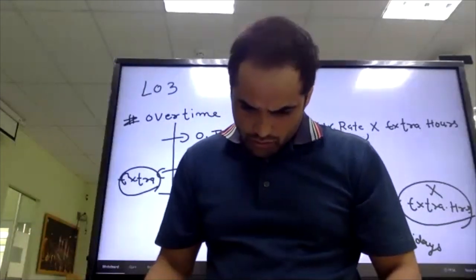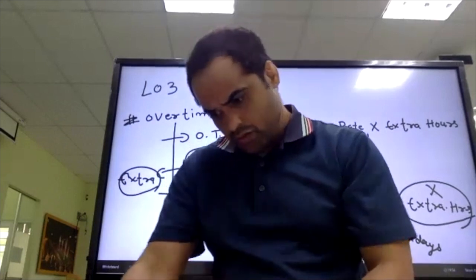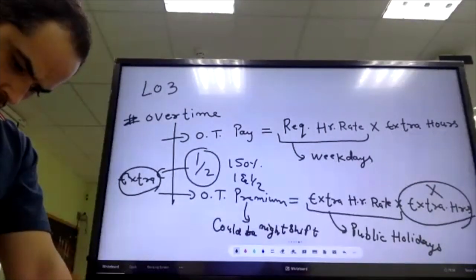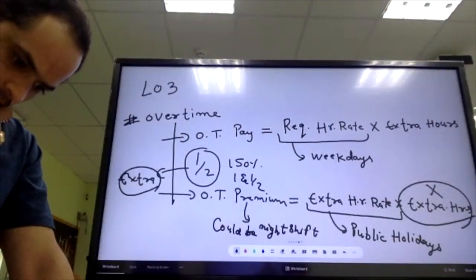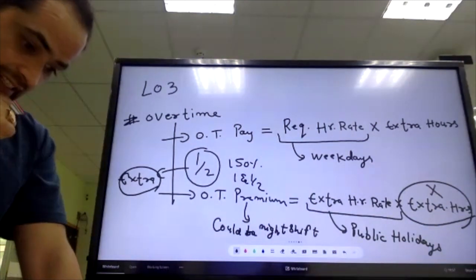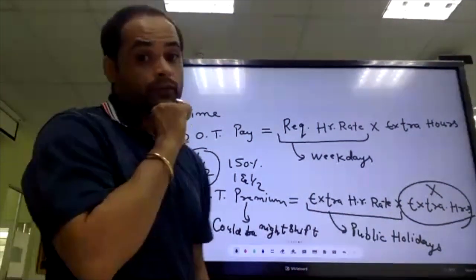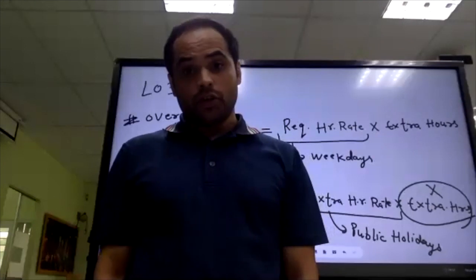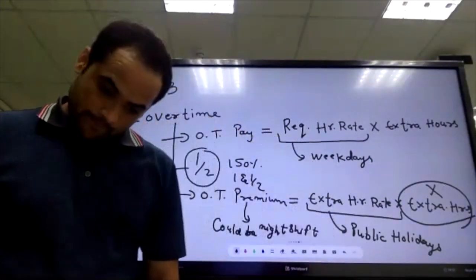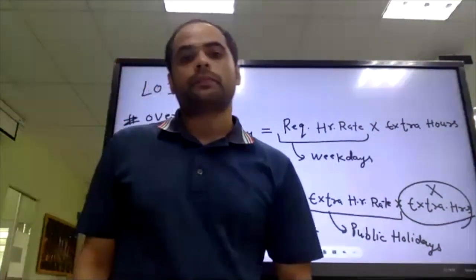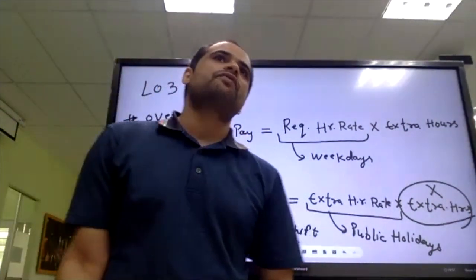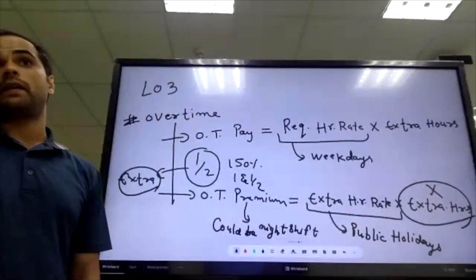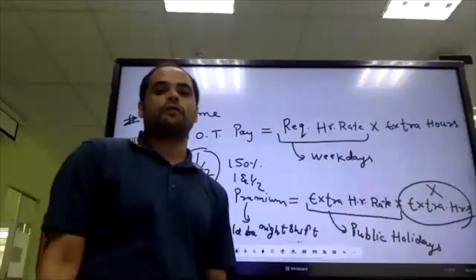Let me check. Special labor cost. I forgot. Yes, we have to study learning outcome 5. I will talk about learning outcome 5 in the next video. Yes, it's important. So the idea is we haven't finished topic 3. We still have to finish learning outcome 5.